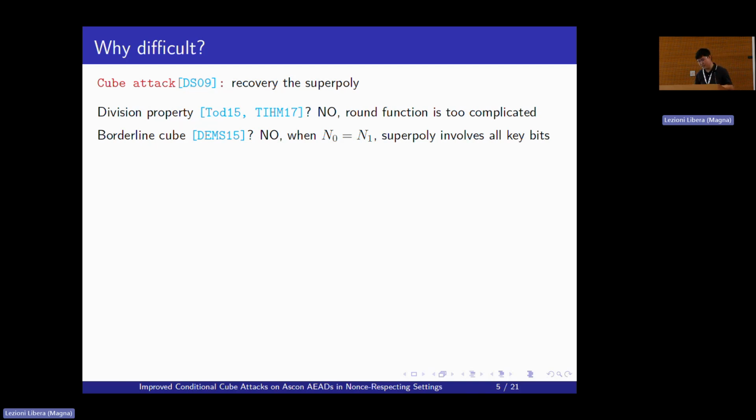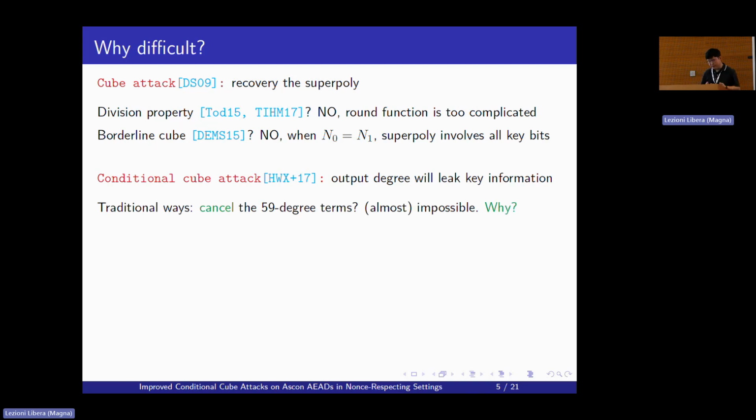So a theoretical method can be used to construct the superpoly. But for the best cube distinguisher here, we need to set N0 and N1 equal, so we do not satisfy that special structure. So superpoly recovery with the borderline cube cannot be used here, either. The second idea is the conditional cube attack, where the output degree will leak the key information.